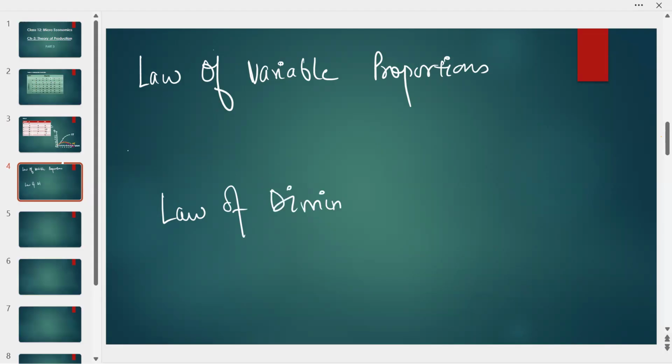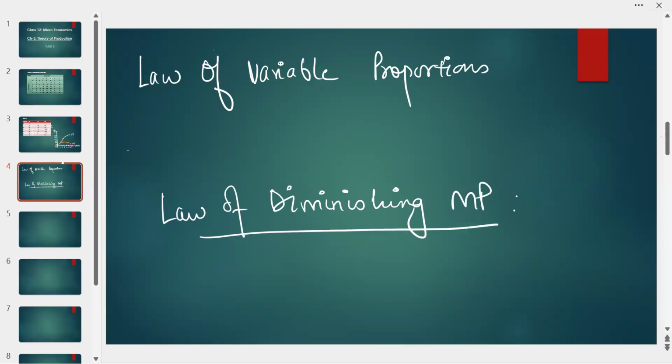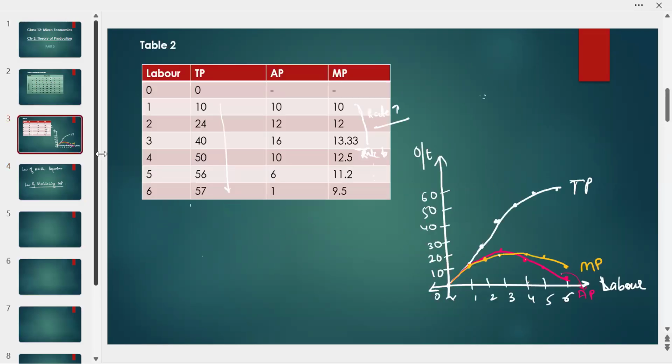So what is happening basically, the marginal product is falling after a certain level of employment of an input.